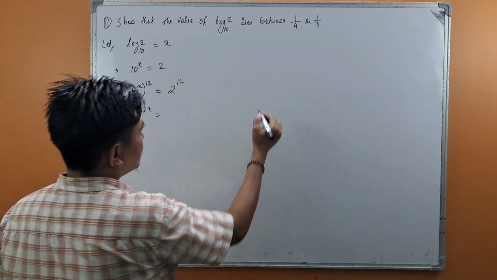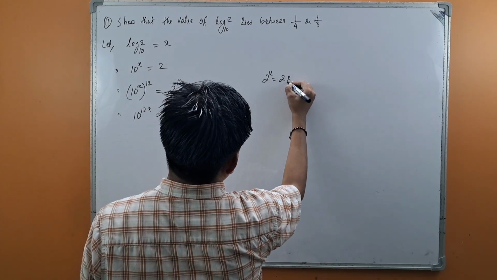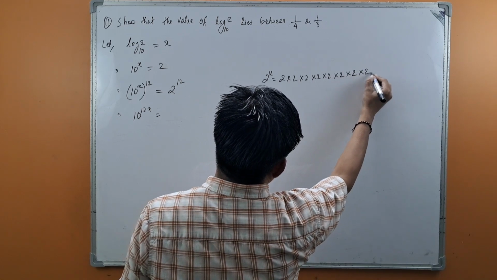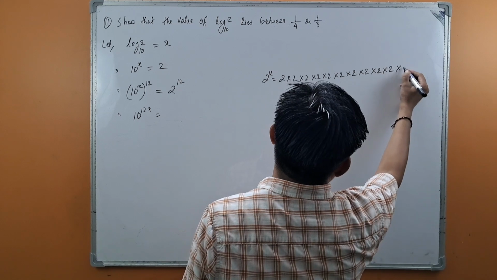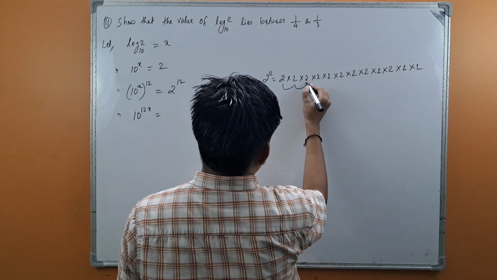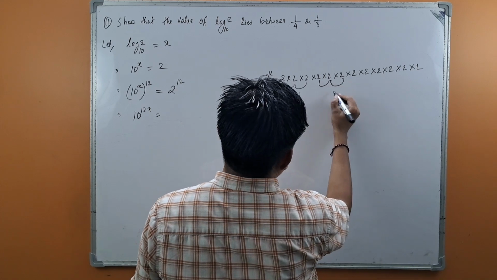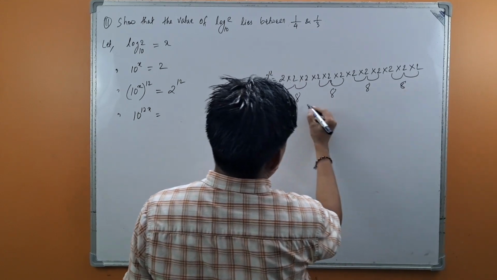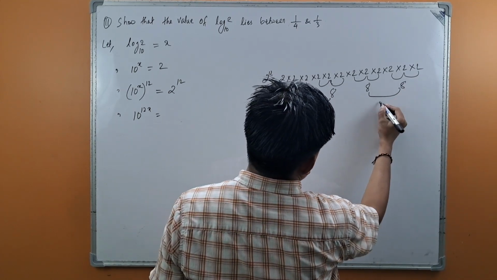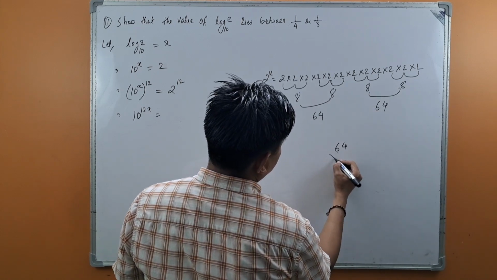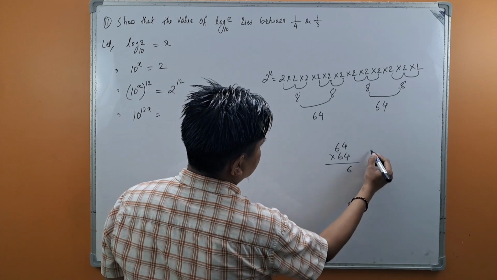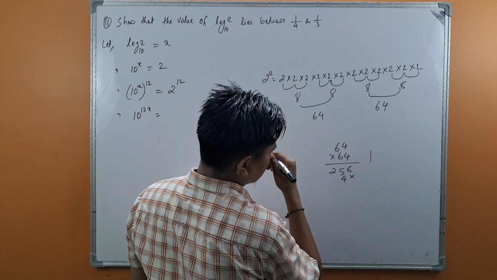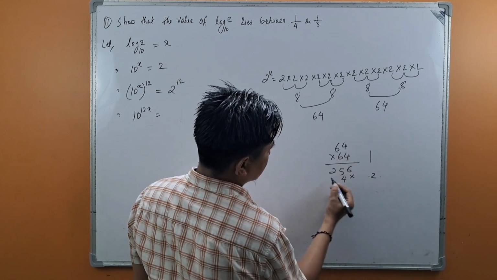2 to the power 12 means 1, 2, 3, 4, 5, 6, 7, 8, 9, 10, 11 and 12. 2 to the 4 is 16, 2 to the 8 is 256, and so on. 2 to the 6 is 64, and now we multiply 64 into 64. 4 4s are 16, 4 6s are 24, plus 1 is 25, 6 4s are 24, 6 6s are 36, 37, 38.